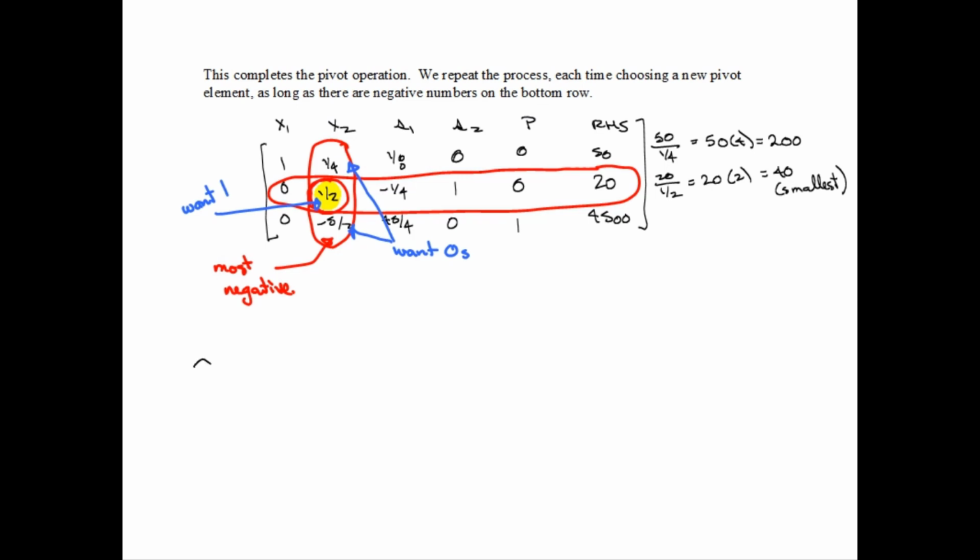The first thing we will do is multiply that second row by the reciprocal of that pivot element. So that'll be 2 row 2 into row 2. First row stays the same. Last row stays the same for the moment. I'll do that separately.